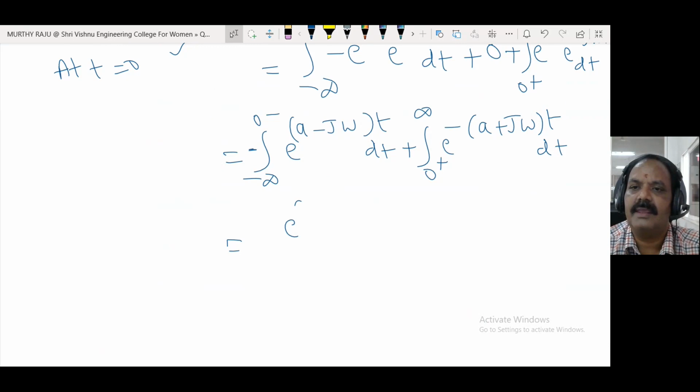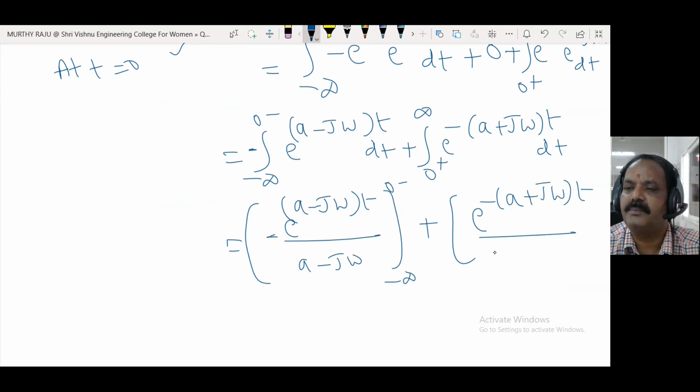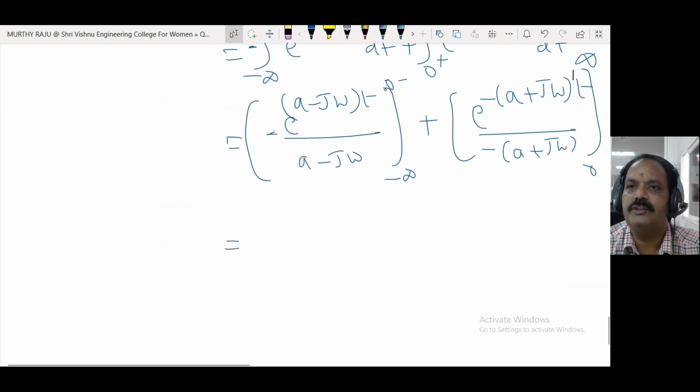E power a minus j omega t by a minus j omega, this is minus sign, minus into 0 minus, plus e power minus a plus j omega t by minus a plus j omega in the interval 0 to infinity. Substitute 0 here. E power 0 is 1.